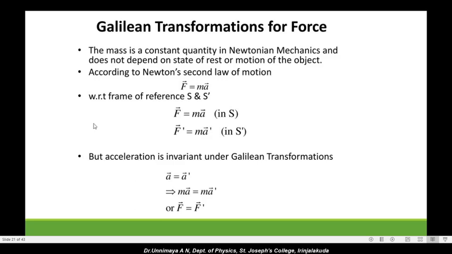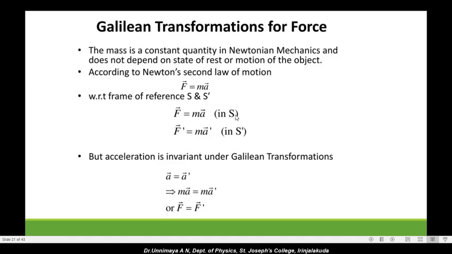With respect to the S frame and S prime frame, we can write Newton's second law of motion as follows. With respect to the S frame, F is equal to m into A. And with respect to the S prime frame, F prime is equal to m into A prime, where A prime is the acceleration of the particle in the S prime frame. Since mass is a constant, m remains m. So m into A prime gives a new force F prime, that is the force acting on the particle in the S prime frame.